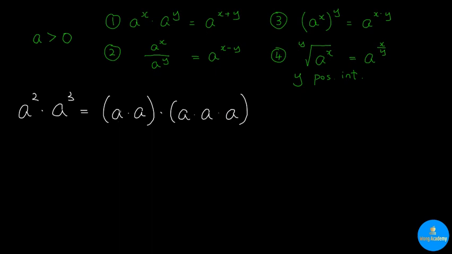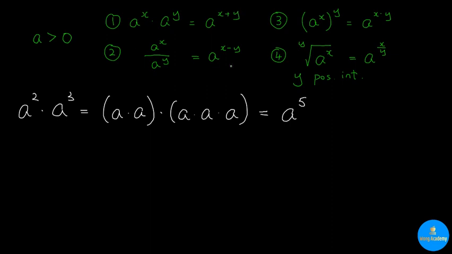Altogether, there are 5 a's self-multiplied to each other, and therefore we can rewrite that as a to the power 5. Where does the 5 come from? It's exactly coming from 2 plus 3. And this illustrates the first exponent law when x and y are positive integers.